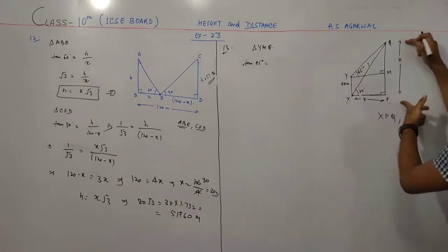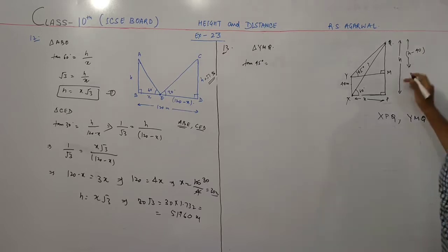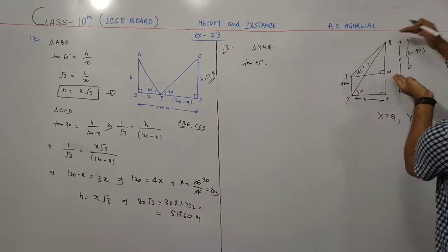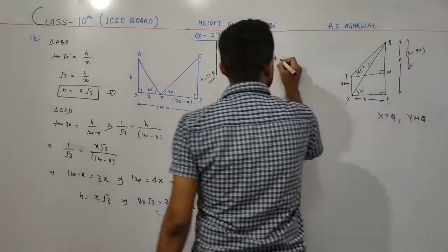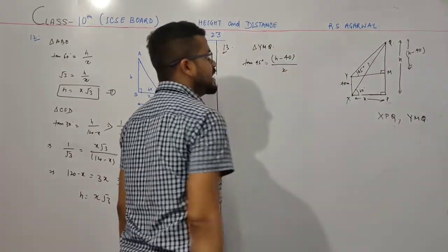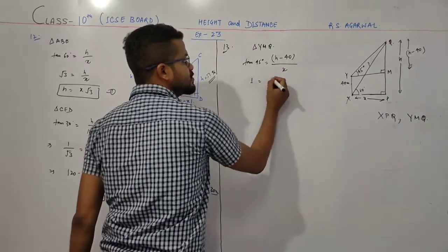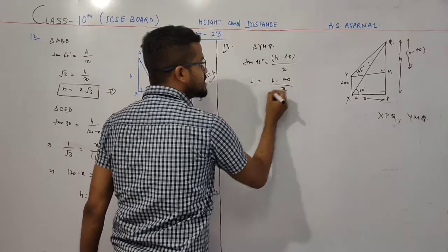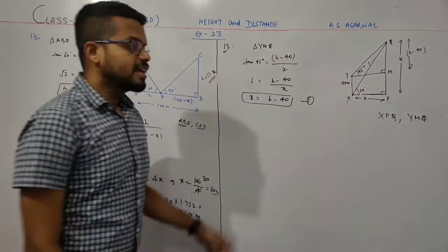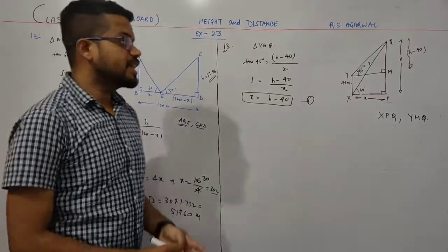If this height is h and this is 40, then this height is h minus 40. So I write h minus 40 upon base, and the base is x. The value of tan 45 degrees is 1, so x equals h minus 40. This is equation 1.